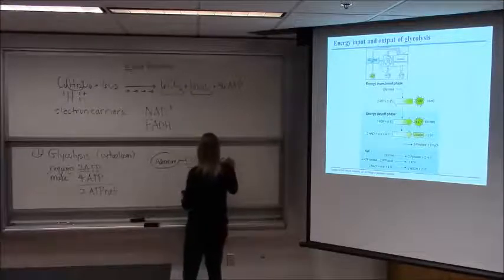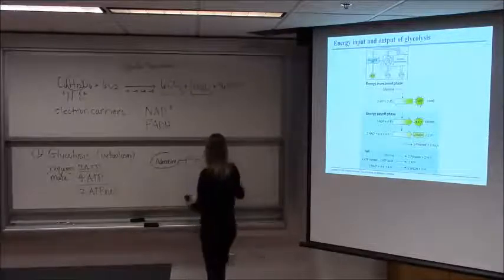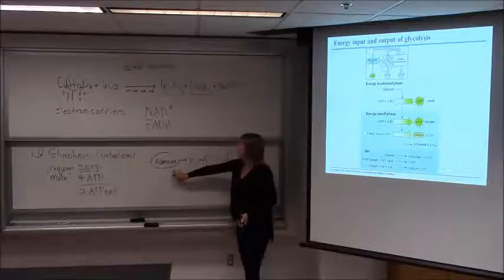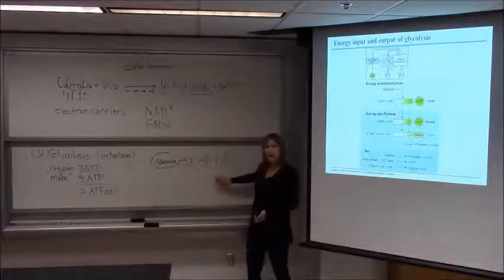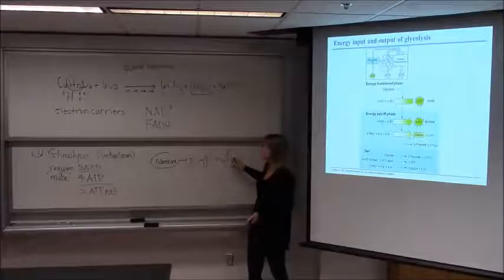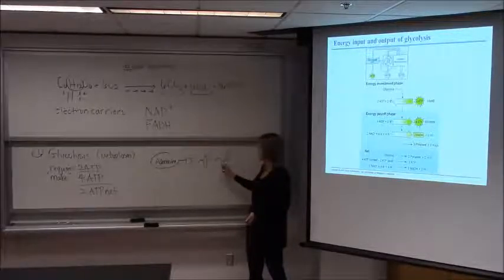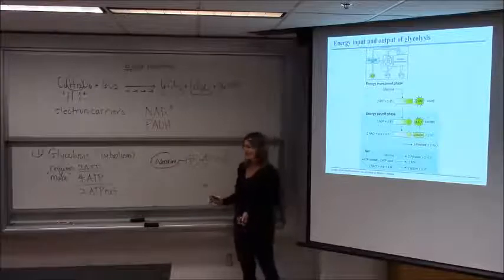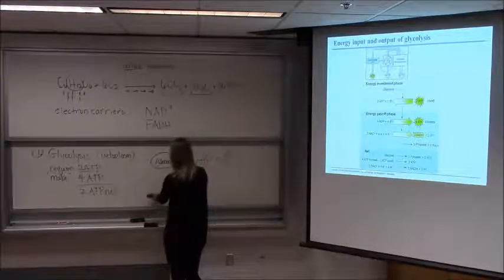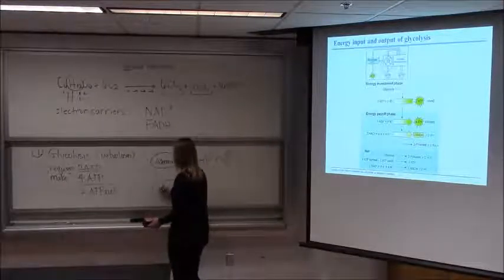The last bond is shown as a squiggly line because it's a high energy bond. The way ATP powers reactions is it transfers this phosphate group to another molecule, and when it does that, it becomes ADP, adenosine diphosphate.